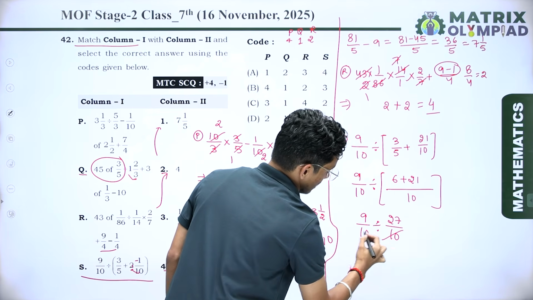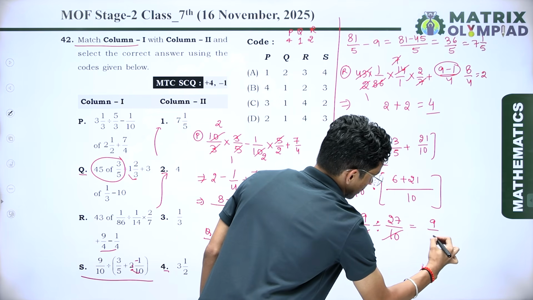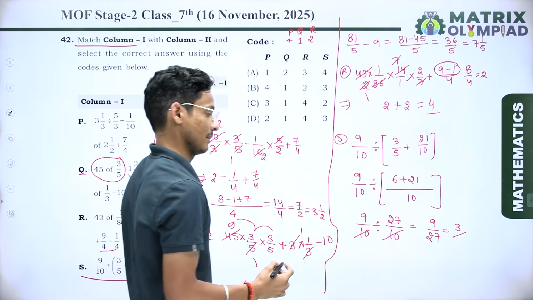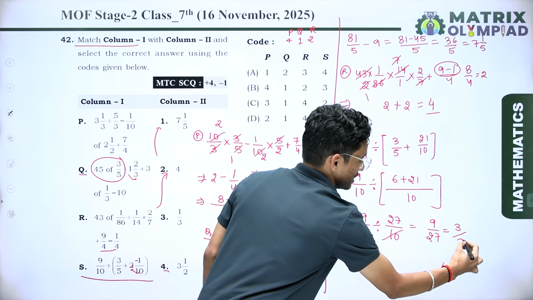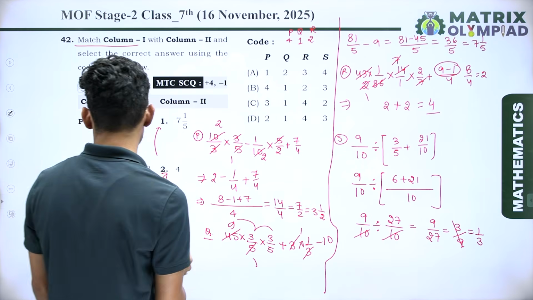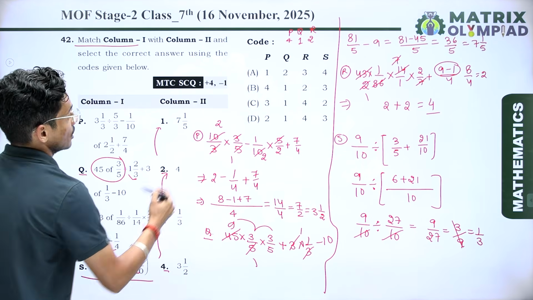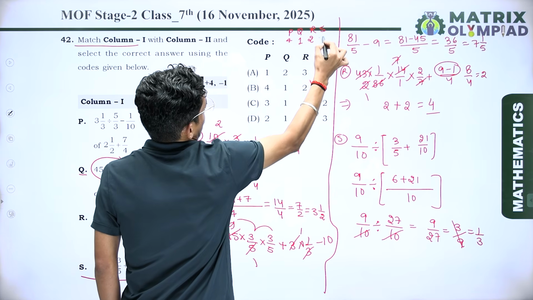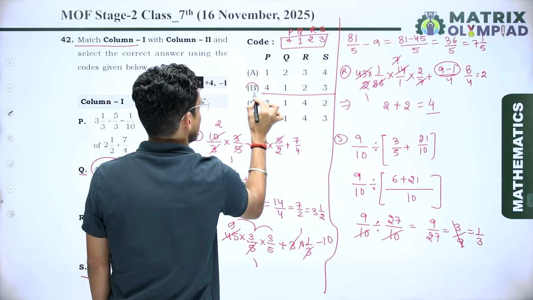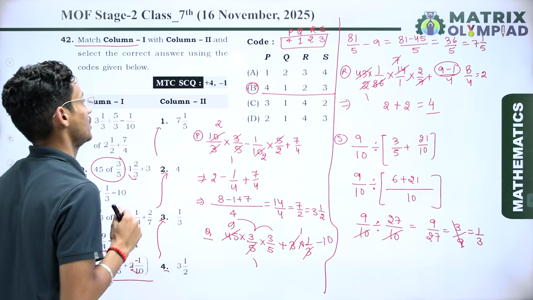So 10 and 10 cancel out. So I can write here 9 upon 27, that is 3 3s are 9 and 9 3s are 27. It means 1 upon 3. So check 1 upon 3, it means S is connected to 3. So here I can write S is connected to 3. So the correct option is 4, 1, 2, 3. It means option number B is the correct answer over here.